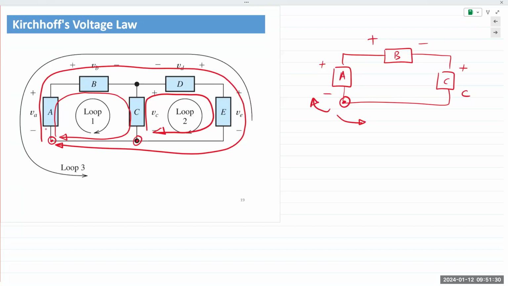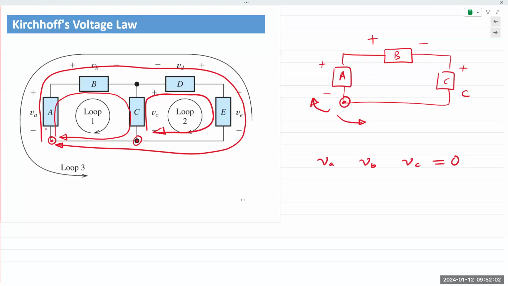So as I travel around that loop in a clockwise direction from the bottom left corner, I encounter voltage VA, VB, and VC, right? 3 voltages. So I need to have VA, VB, and VC written out, and they should all equal 0. That's the first thing I do. I just write down all the voltages that are there in the loop, and they should all equal 0.